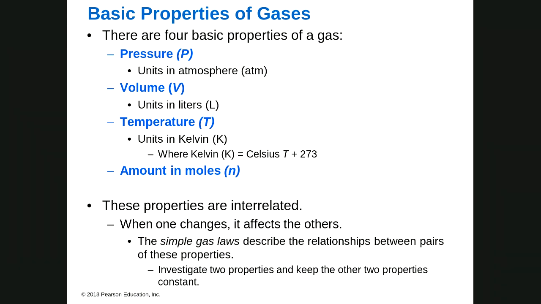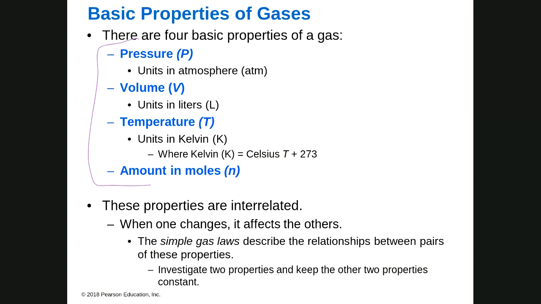So, basic properties of gases. When we look at gases, we're going to be talking about these 4 items right here. And they are all proportional to each other in different ways, and they all have simple gas laws associated with them that describe these relationships. So what we do when we go through gases is I'm going to go through each of these laws, and then I'm going to combine all of those laws at the end, so that you have basically one formula to go by.